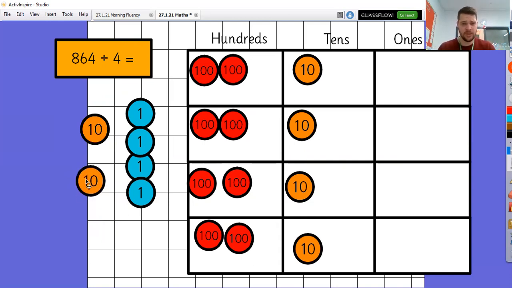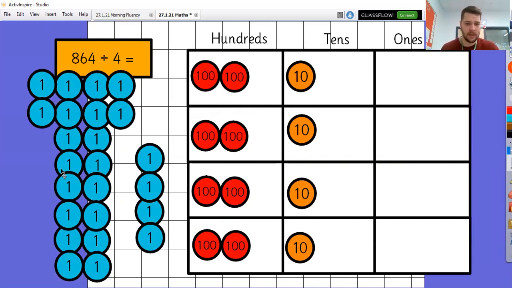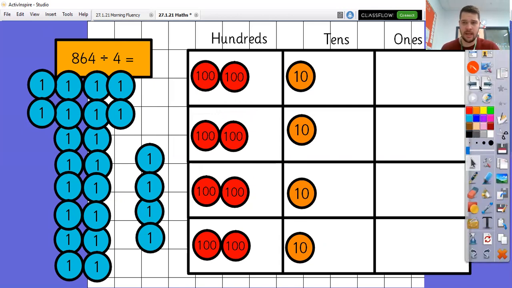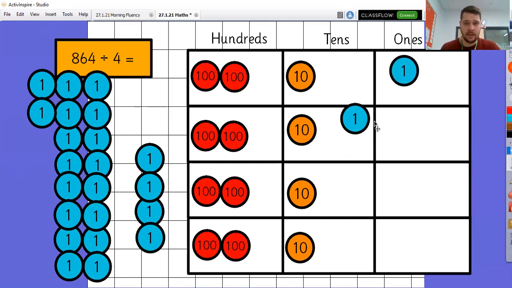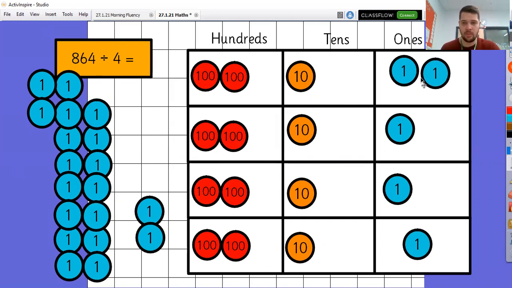Think about what we can do. We can exchange those for 1s. So my 2 10s there became 21s. And this may take quite some time, so I'm not going to do it all.